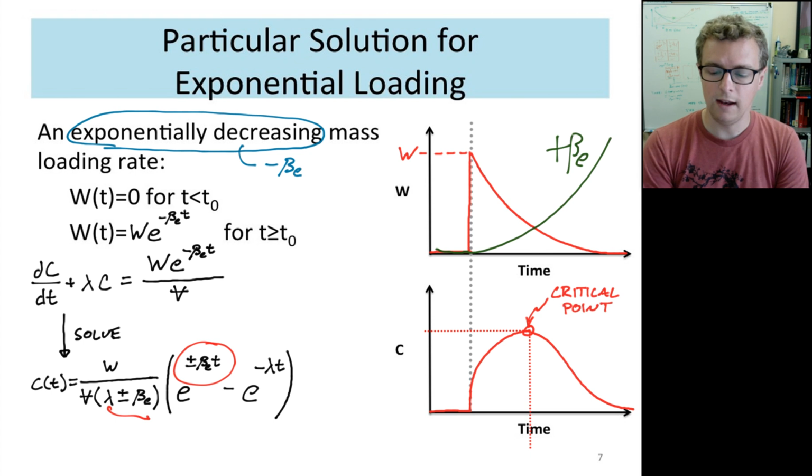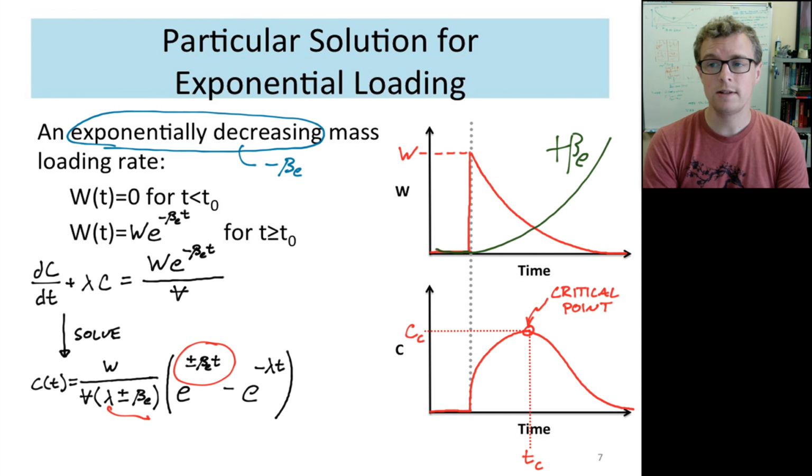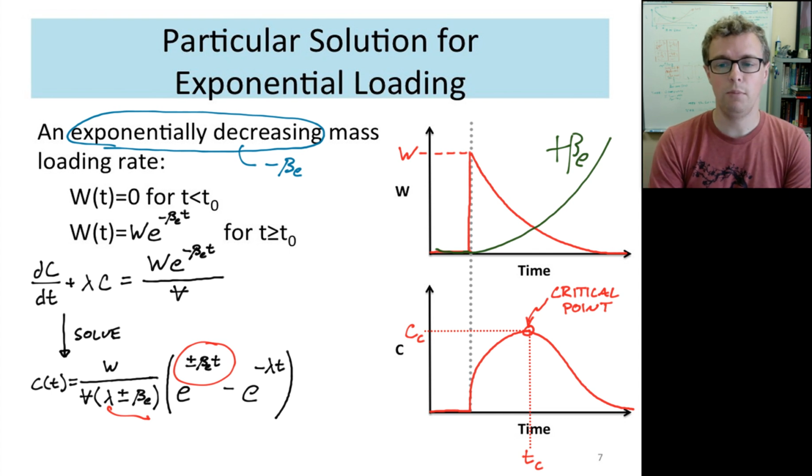We refer to that as the critical point in the system, and we have an interest in being able to calculate the critical concentration and the critical time. Right? Why is that? That's the worst case scenario for the lake. That's the point where you get the highest concentration, and potentially that's the point where you're having the most risk to the ecosystem or to human exposure for that pollutant.